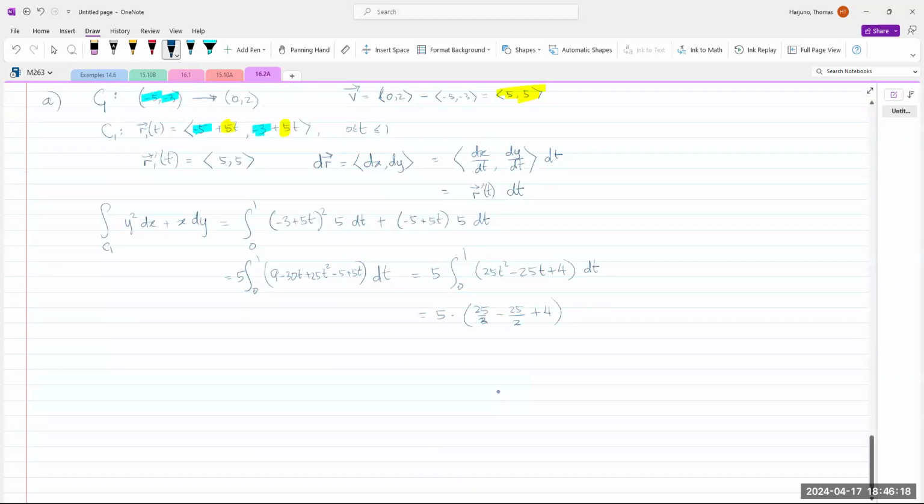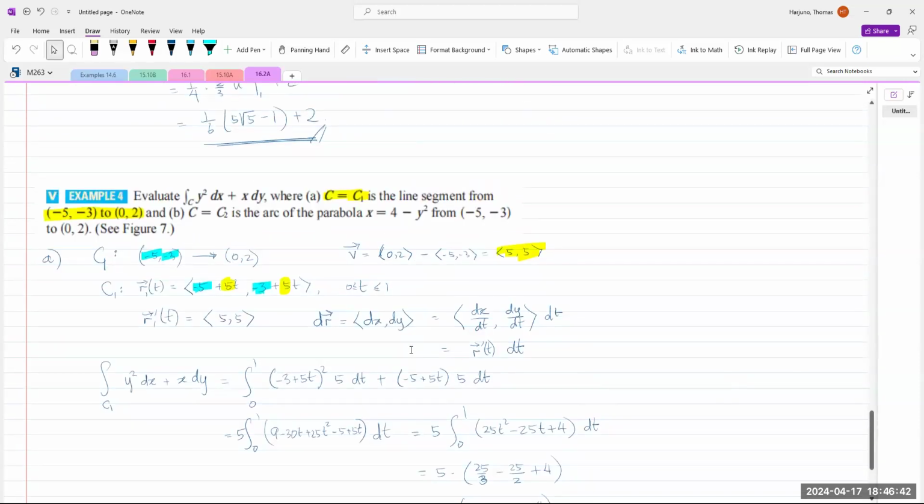Common factor 1/6. So 5 over 6, this multiplied by 2, this multiplied by 3, this multiplied by 6. So that's -1, so that's -5 over 6.